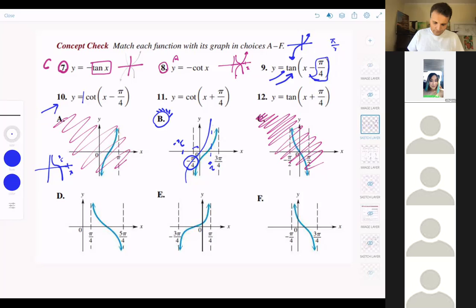The graph should be like this. This is a good candidate. Also, this is a good candidate. But pi over 4 to the right, correct? Because it's negative, we go to the right. It should be D. The graph was like this, and we shifted pi over 4 this way.